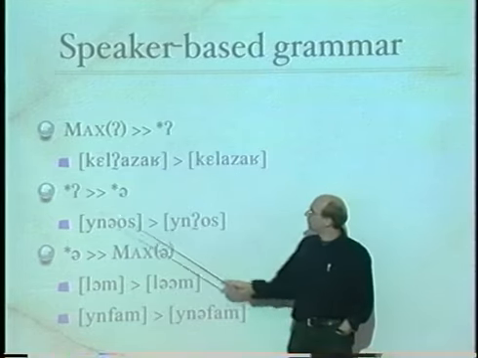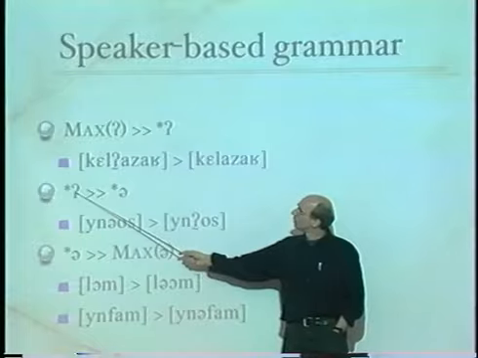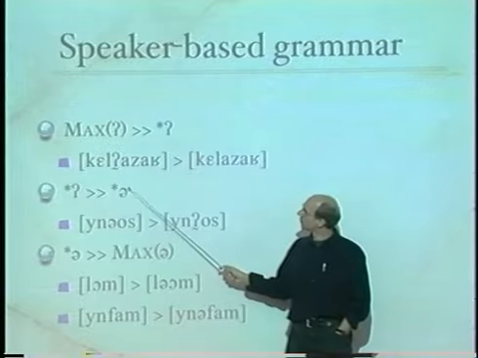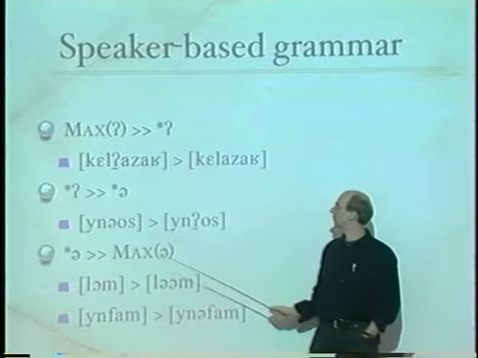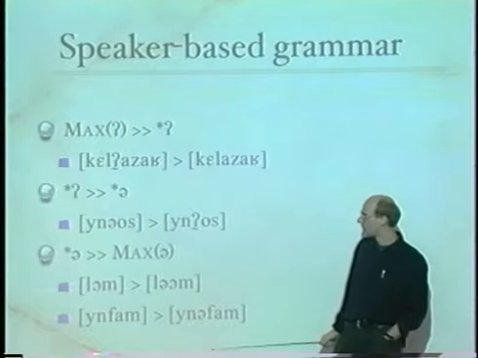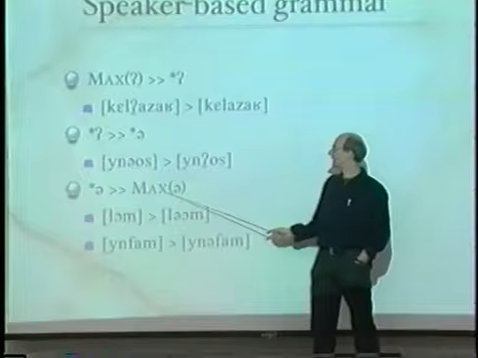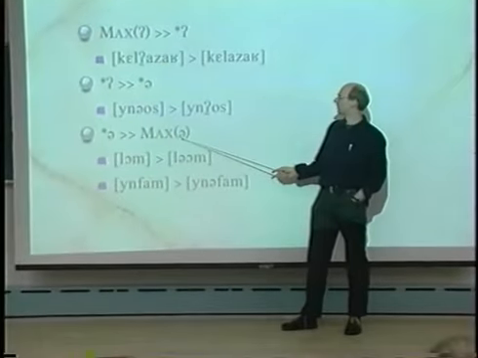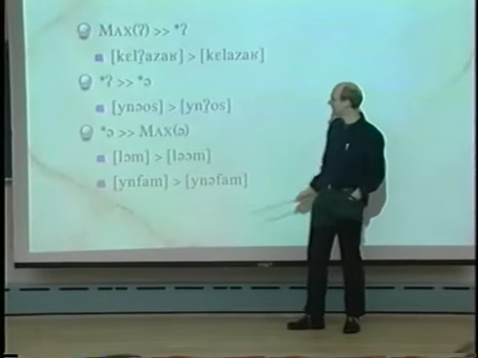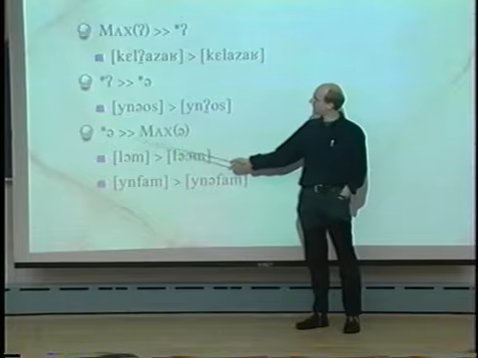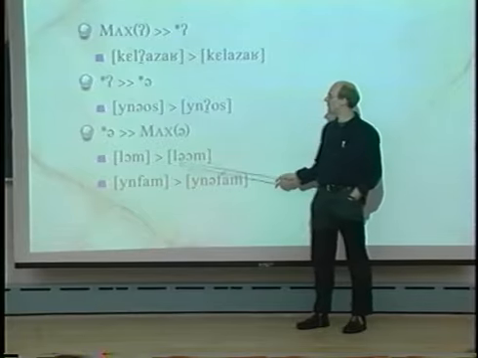We can also maybe assume that it's worse to pronounce a glottal stop than to pronounce a schwa, because une os is better than une os. It's also worse to pronounce a schwa than to not have it on the surface if it's underlying. We can see that because l'homme is better than le homme.